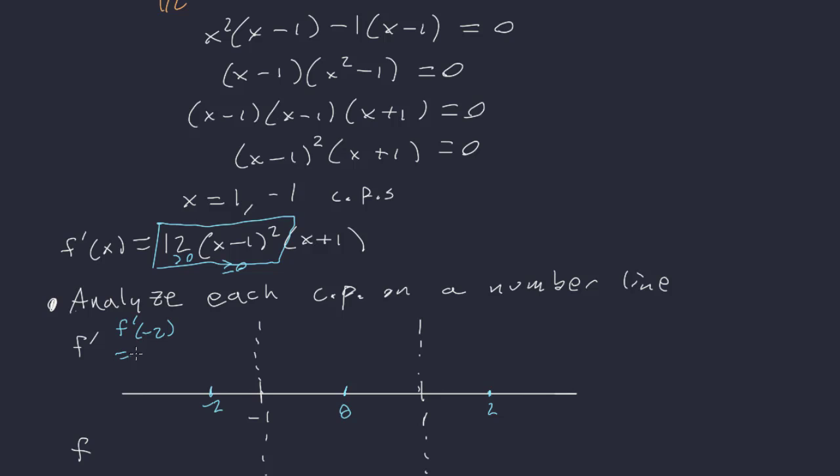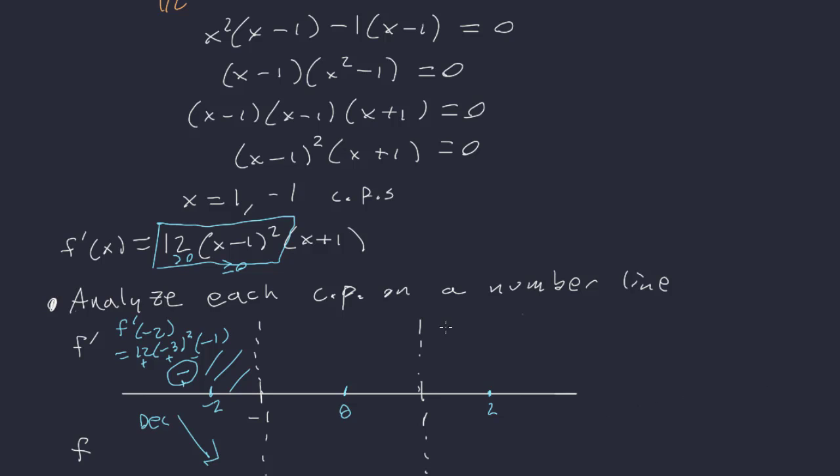So this is going to be 12 times negative 3 squared times negative 2 plus 1, which is negative 1. So this is a positive times a positive times a negative, so this whole thing comes out to be negative. That means f is decreasing in this region, or going down.